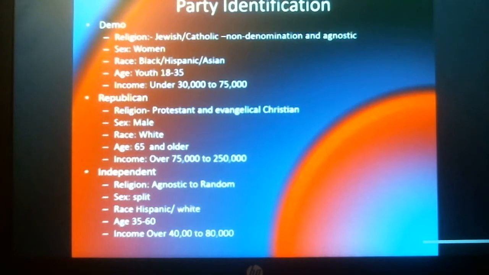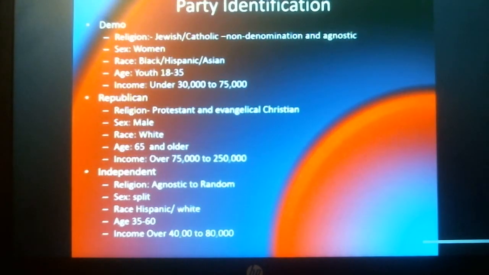Now, on the Republican side, they are the traditional Protestant evangelical Christians, male, white, over the age of 65. Here's where the Republican Party is finding some problems: their base, their group, is dying off. Whites are slowing in terms of population growth, and especially the age factor is becoming more and more of a problem for the Republican Party. So they are seeing that their party is beginning to shrink.